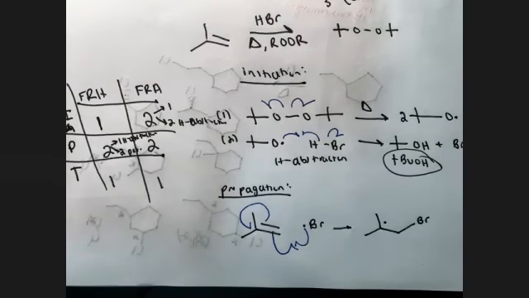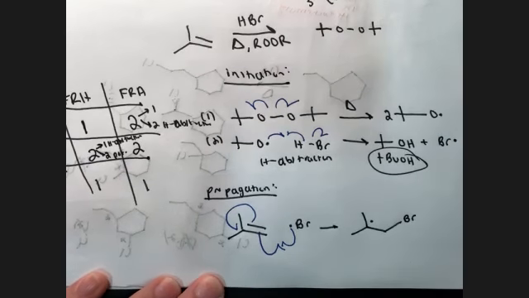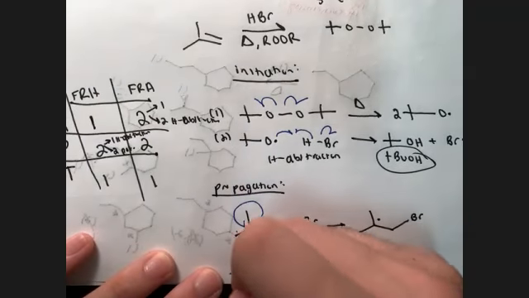Do you see that? This was the key step: once we formed the bromine radical, and with a pi bond present, the radical was formed on the more substituted position, forcing the bromine onto the less substituted position.